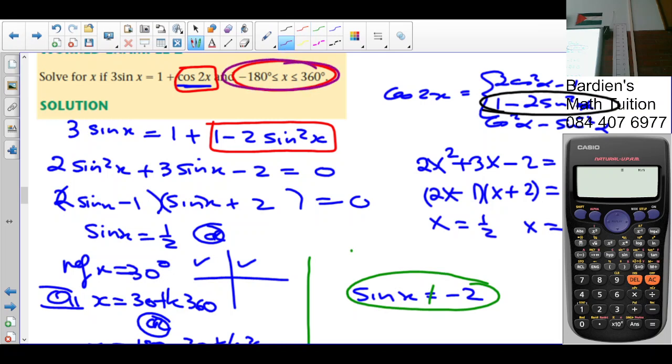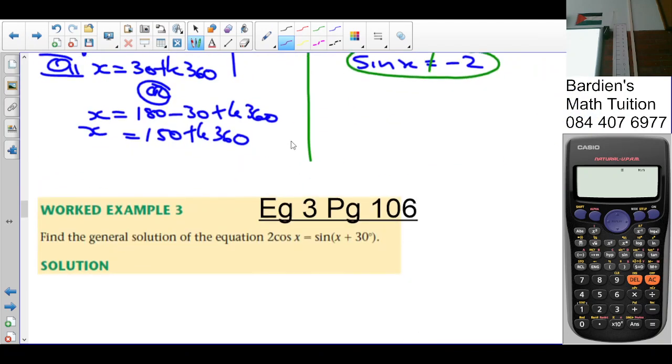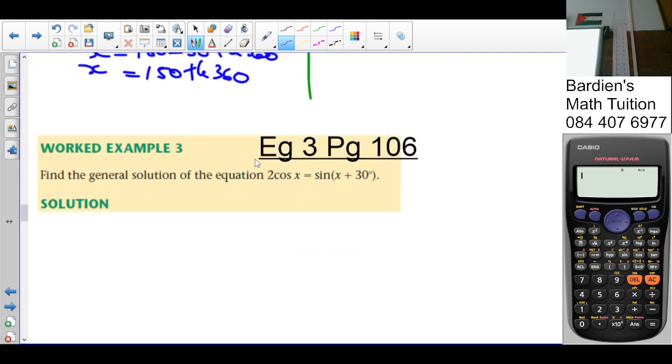So now we're looking at the solution that's lying between negative 180 and 360. Let's put this down here.